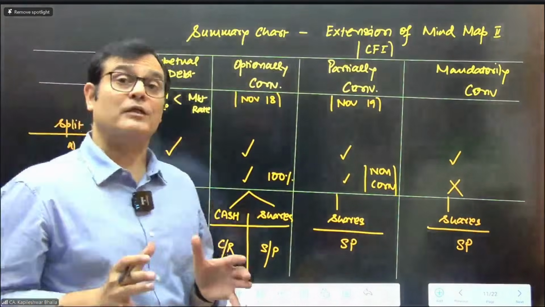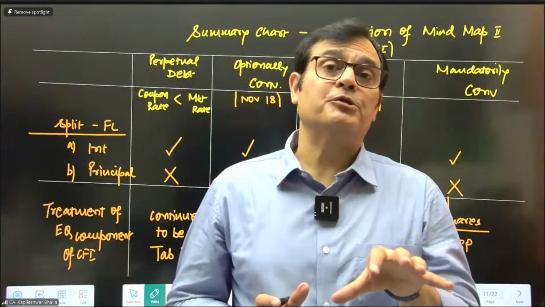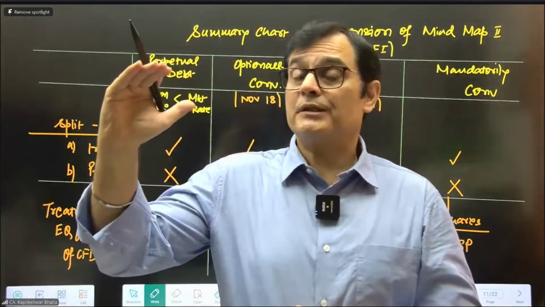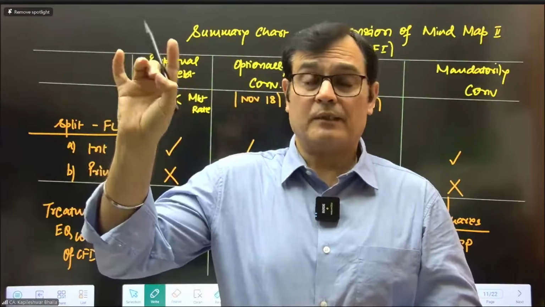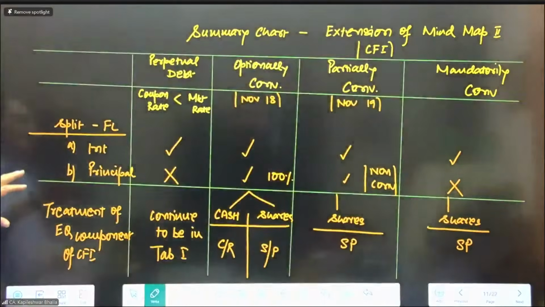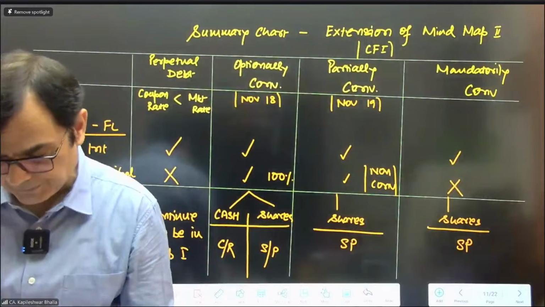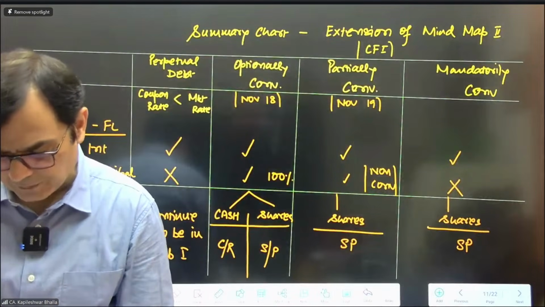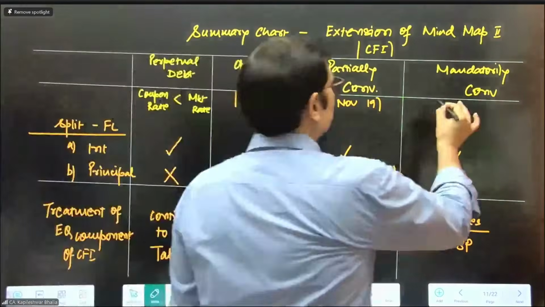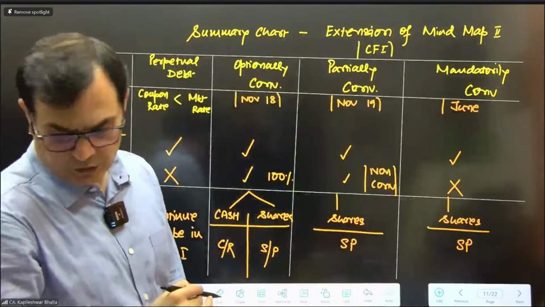I think this is one crucial point. Now if you see, along with mind map number 2, I have given you two basic insights. Number 1, a summary chart which tells you the different kinds of instruments in this case. I can also tell you that for a mandatorily convertible instrument, if I rightly remember, there was a question in the exams in June 2019.